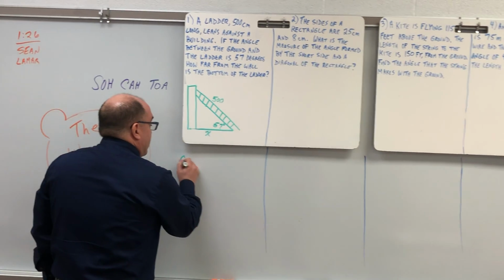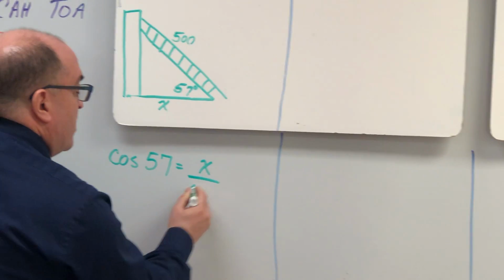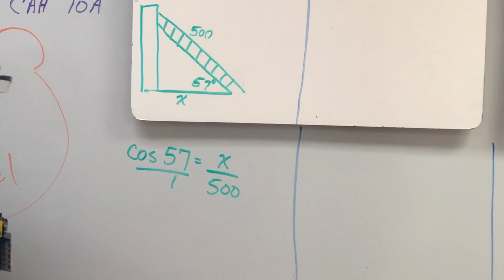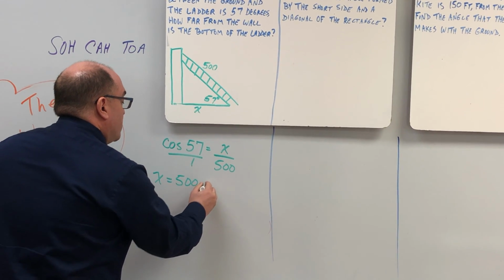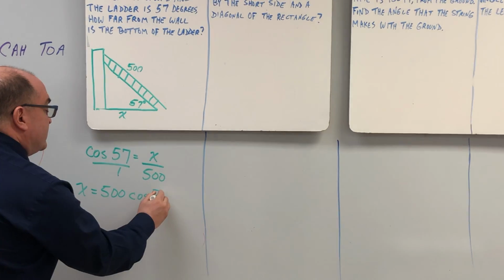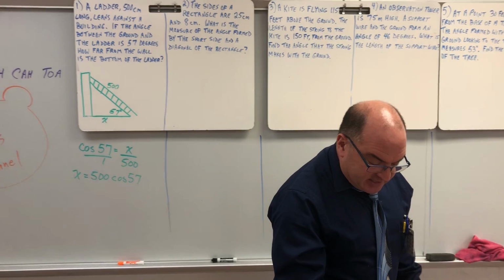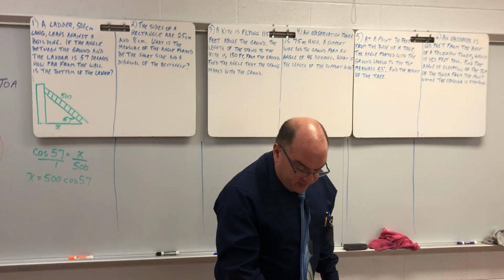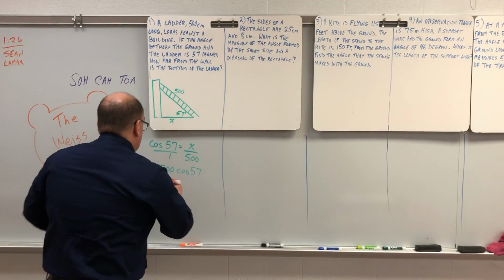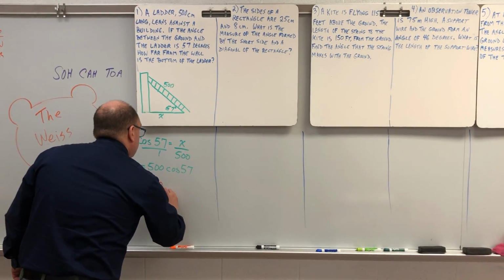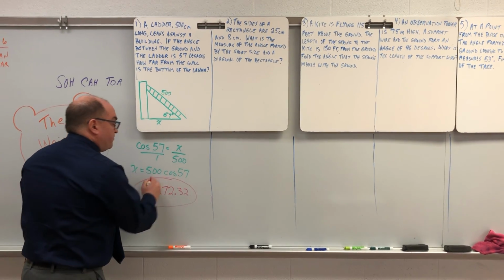So, cosine 57 equals x over 500. Cross multiply. X equals 500 cosine 57. What is 500 cosine 57? 272.32. Easy.